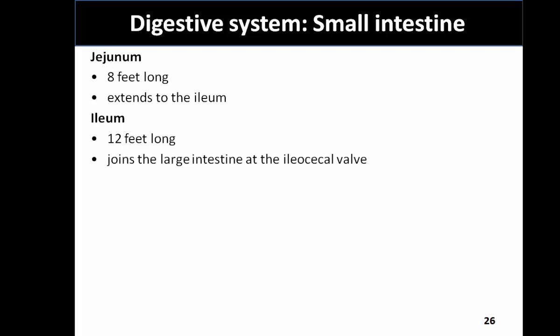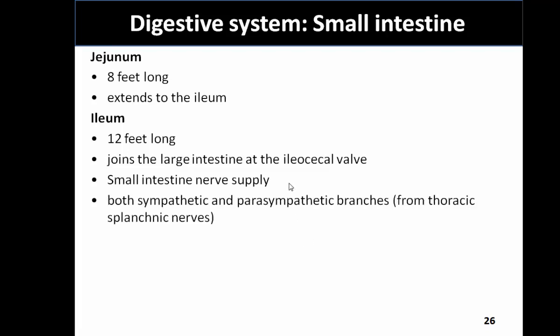And the ileum joins the large intestine at the ileocecal valve. But we also see the small intestine nerve supply that receives branches from both the sympathetic and the parasympathetic components of the autonomic nervous system. And these extend from the thoracic splanchnic nerves.